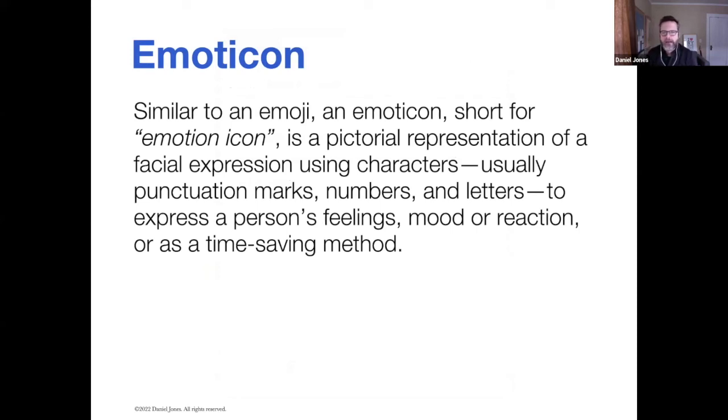An emoticon is short for emotion icon, and it is a pictorial representation of a facial expression or emotion. Emoticons are made out of punctuation marks or different keys on your keyboard, and they are used to express an emotion.